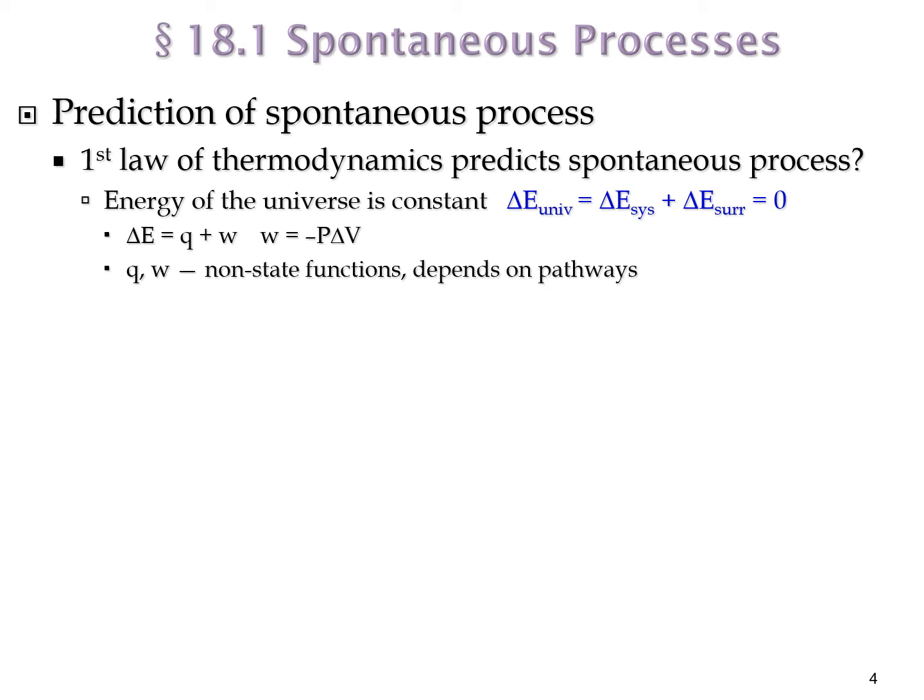But what about this delta E? Delta E actually equals Q plus W. The problem is neither Q nor W is a state function. They are both non-state functions and depend on the pathway the system chooses.